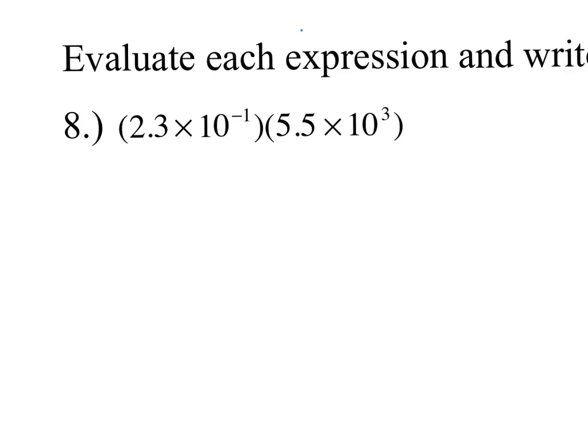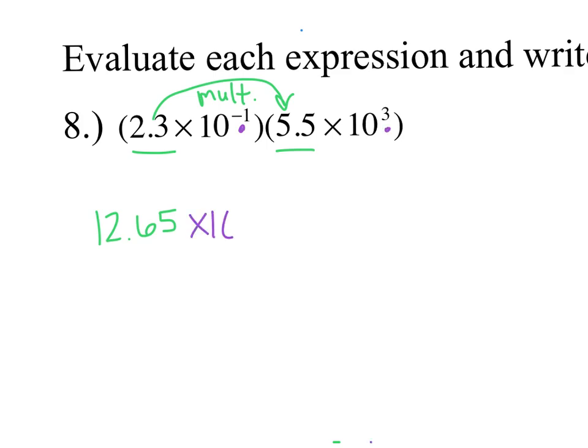So we multiply 2.3 times 5.5, and we get 12.65. And then we add our exponents. So -1 and +3 gives us 10 to the second.